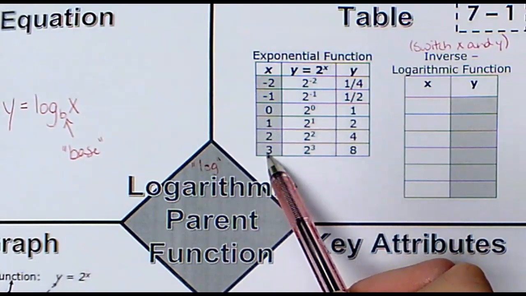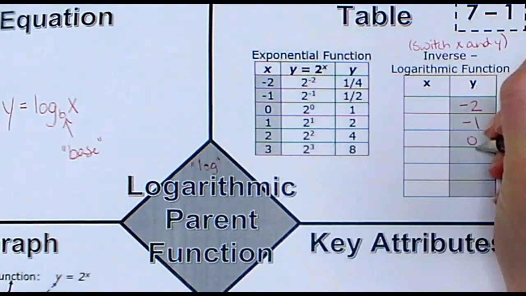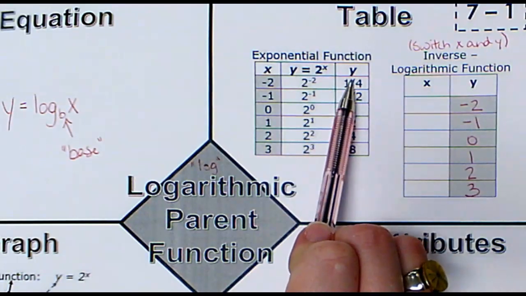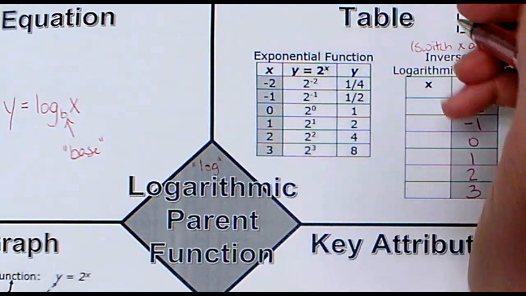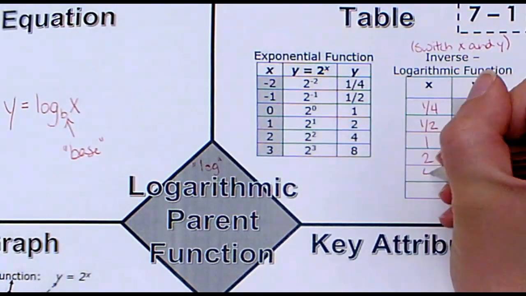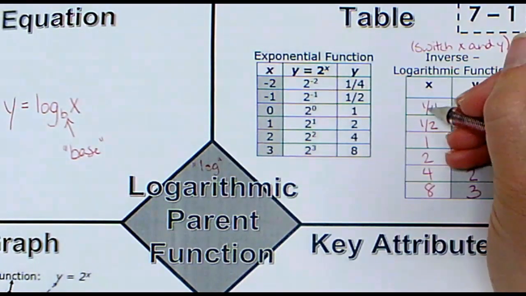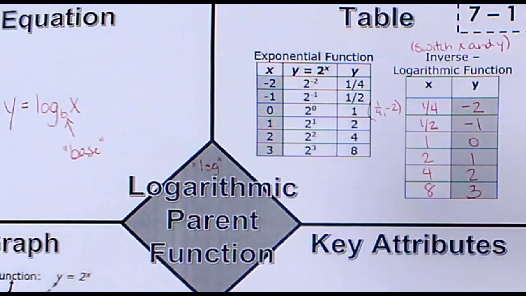Now those are going to be my y values. For my exponential parent function, my y values used to be 1/4, 1/2, 1, 2, 4, 8. Now those y values become my new x values. And those make ordered pairs. So an example would be x and y, 1/4, -2.